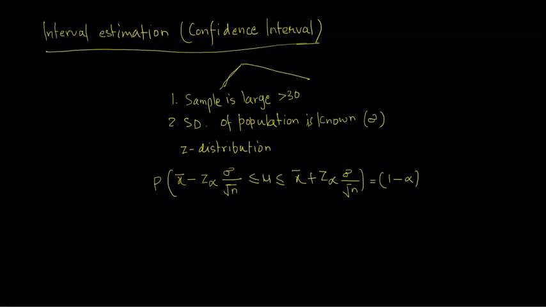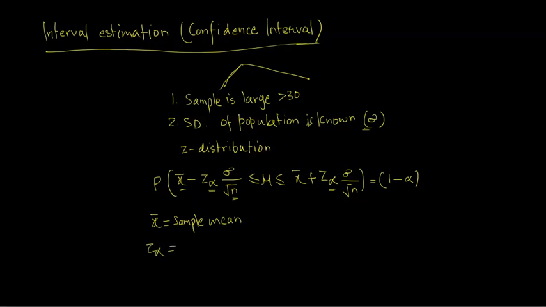So you understand that alpha is the level of significance, and you can see my videos on normal distribution to understand what the level of significance is. So alpha is the level of significance, sigma is the standard deviation of the population. X bar represents the sample mean, and n is the sample size. So all the terms are known, and mu is the population mean value which I'm trying to estimate.